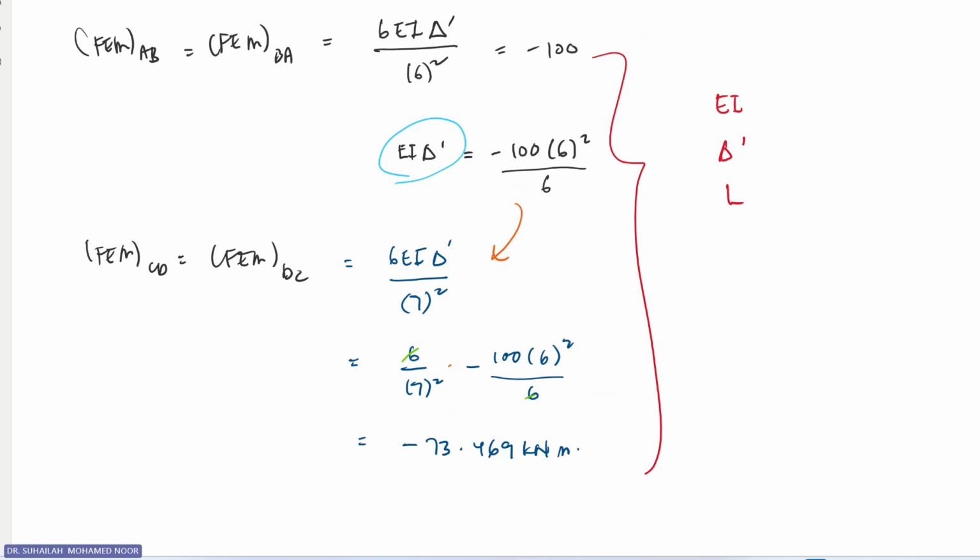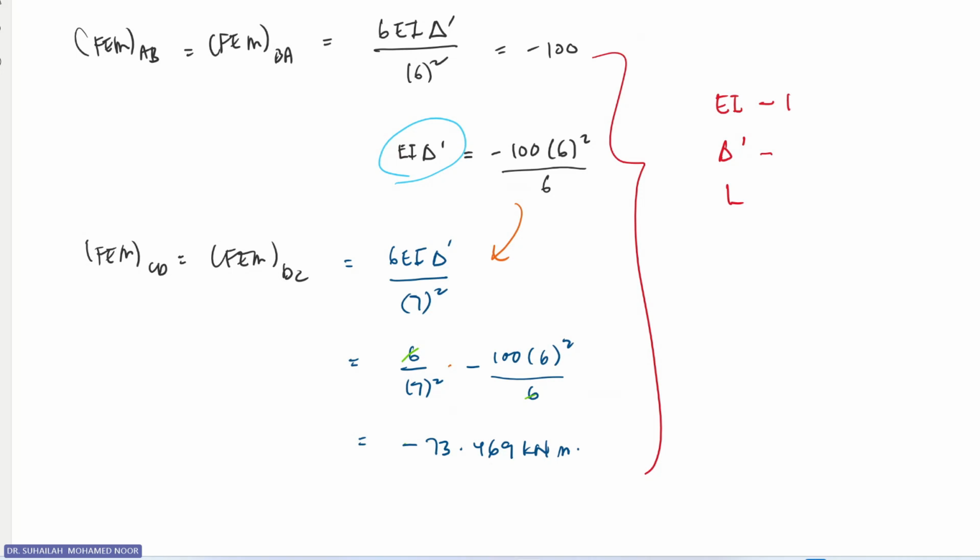In this case, if EI is constant, it means EI is 1. If EI is not constant, then EI will contribute to the FEM. Delta for BC is 0. There is no vertical displacement. So we just need to focus on the delta that occurs for each column, AB and CD.